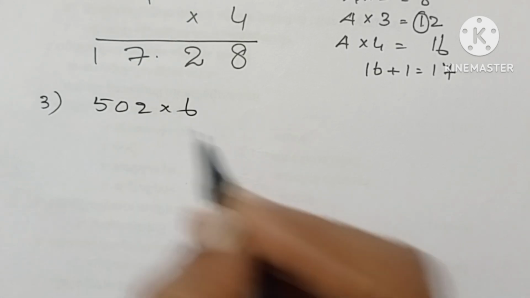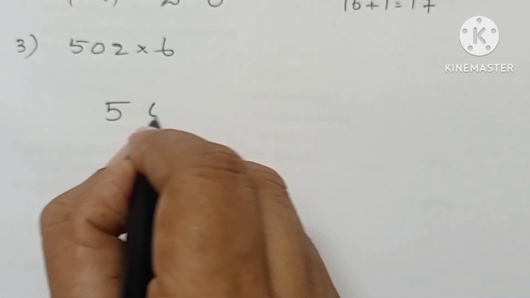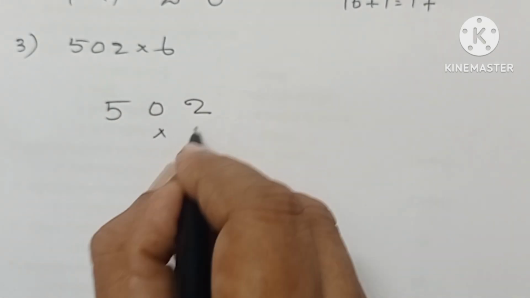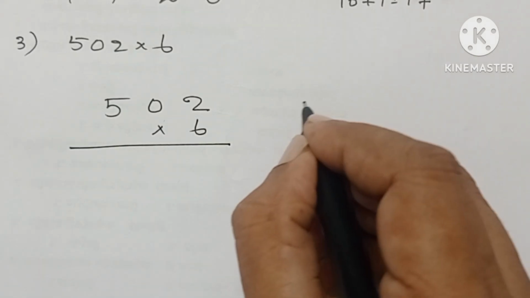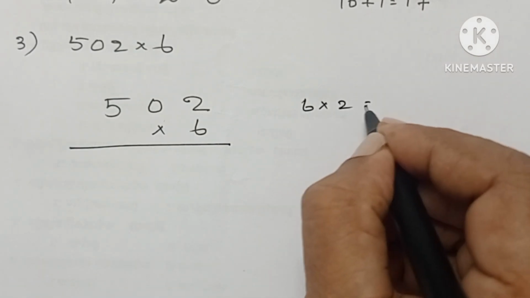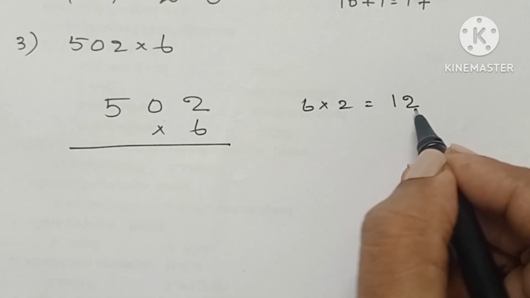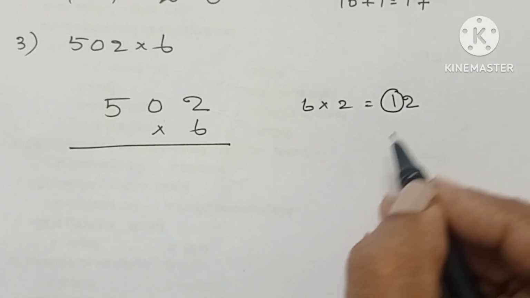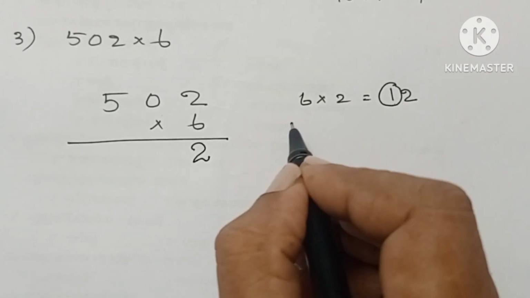Another example, 502 into 6. Writing 502 into 6. We have to multiply by 6. 6 into 2, 12. We are writing 2 in the ones place and we are taking 1 as carryover.